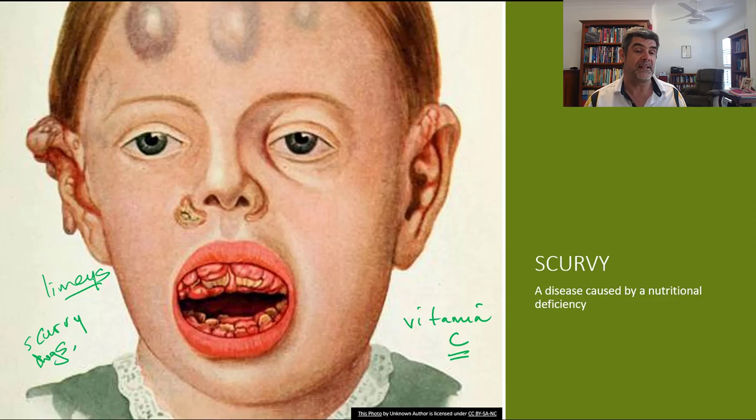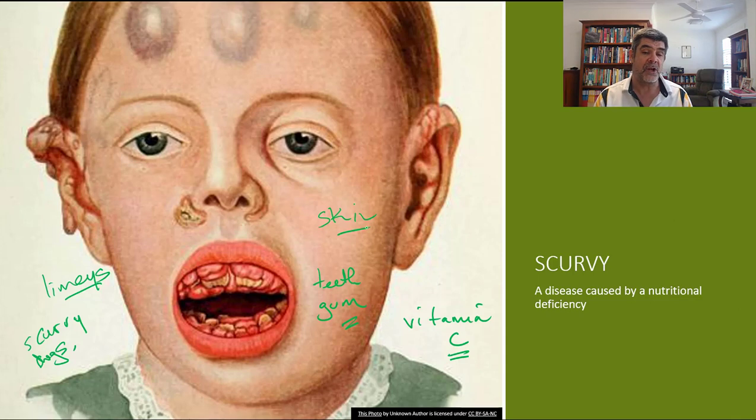And the result of that is a number of important features. Here you can see teeth and gum health is very poor as a result of this condition of scurvy, and you can also see that it's affected some of the skin, particularly around the ears and the scalp.